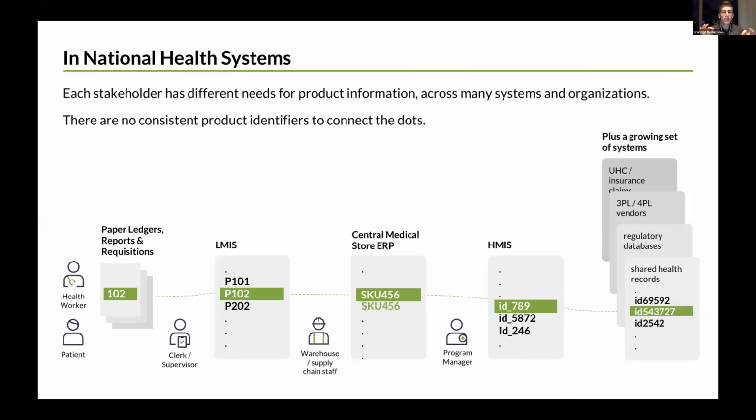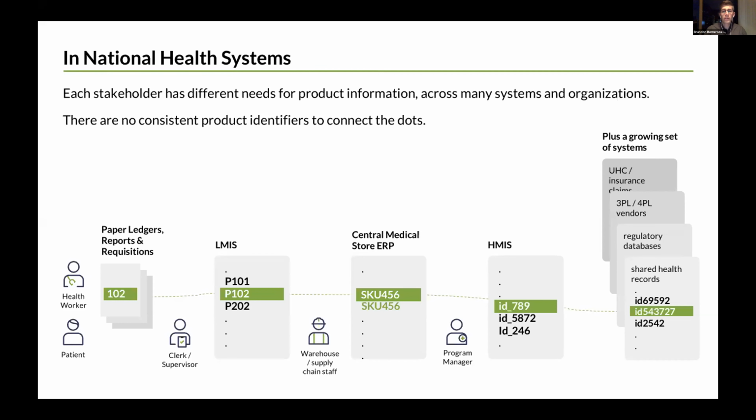So to be a little more specific about the problem, in national health systems, you may be familiar with many of these tools. Serving the patient and the health worker, there may be paper reports and ledgers. There may be an LMIS system or a central medical store ERP system. On the right-hand side, many more systems, software tools, and processes that are part of health systems these days, shared health records, or regulatory databases, or insurance claims.